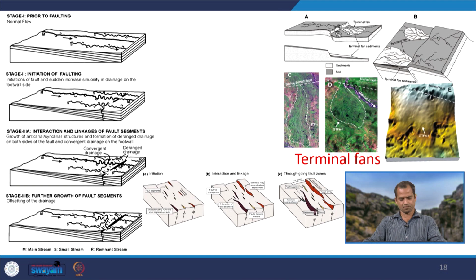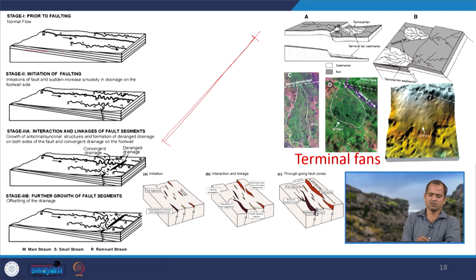And whenever we are talking about a fault system in the alluvial plain, suppose for example a fault is running for 100 kilometer length, that does not mean this 100 kilometer fault was formed at a single time, at a single go. For example, if you see here, these are gently dipping strata in the alluvial plain, and the channels are flowing.